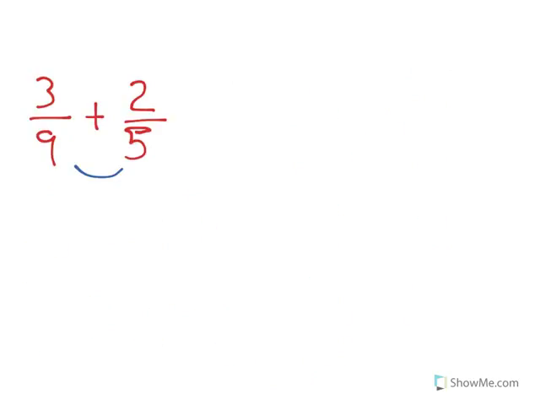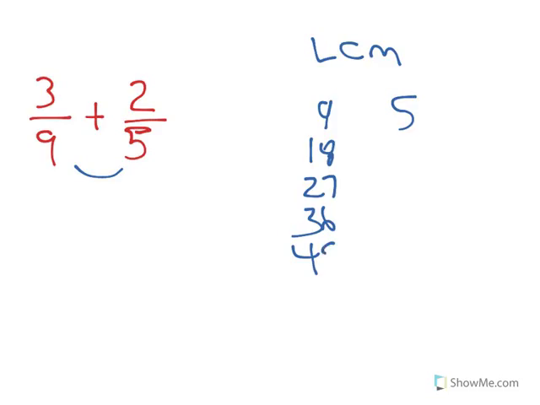We'll see. So if I have 3 ninths and 2 fifths and I add them together, I'm going to do the same thing with the LCM of the two numbers, 9 and 5. So this is going to be 18, 27, 36, 45.